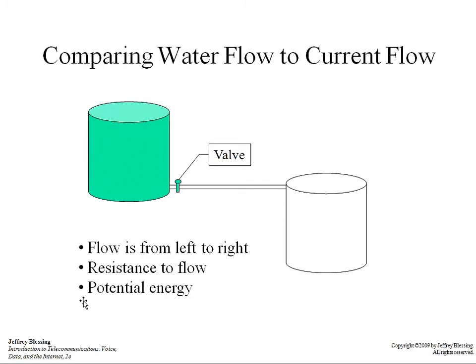Also, there's a potential energy here, and I place the left vessel higher than the vessel on the right, and that's because gravity is in effect, and so gravity is what makes the water flow from the left drum into the right drum. Well, this height of this column of water is potential energy. It's like a bowling ball sitting on the edge of a table.